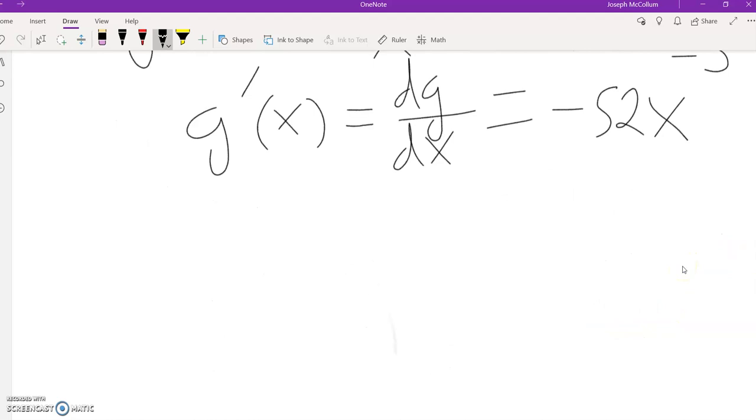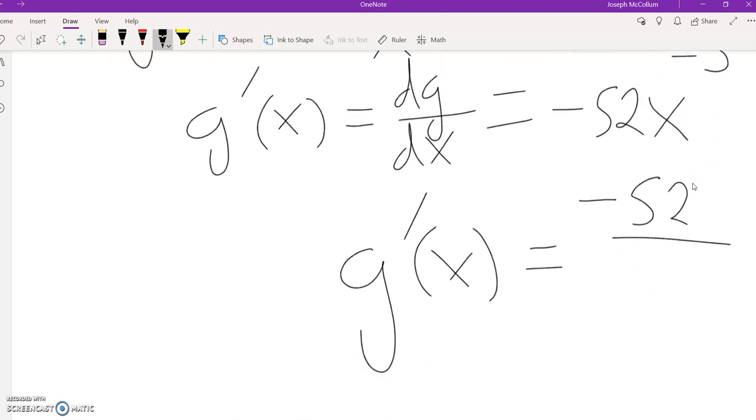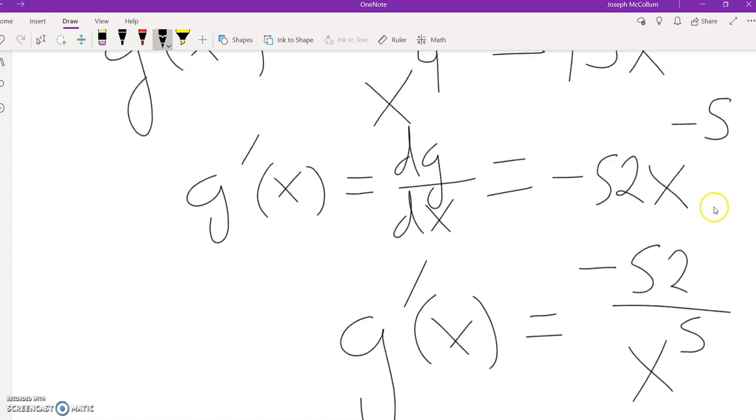You will now note that I'll do one more step, the cleaning up of this derivative, by bringing that negative exponent back down. And so what I have is negative 52 stays up top.